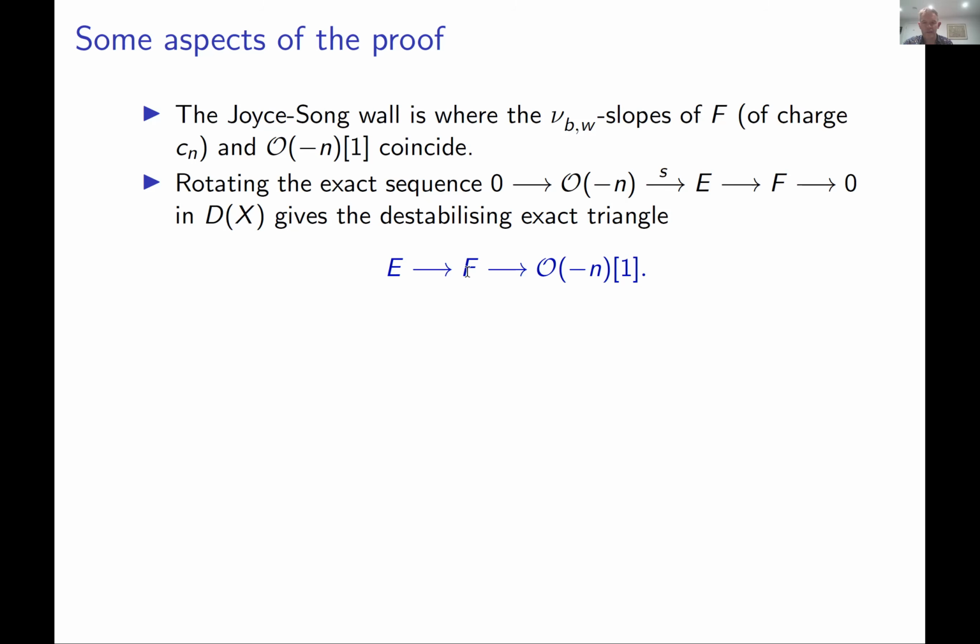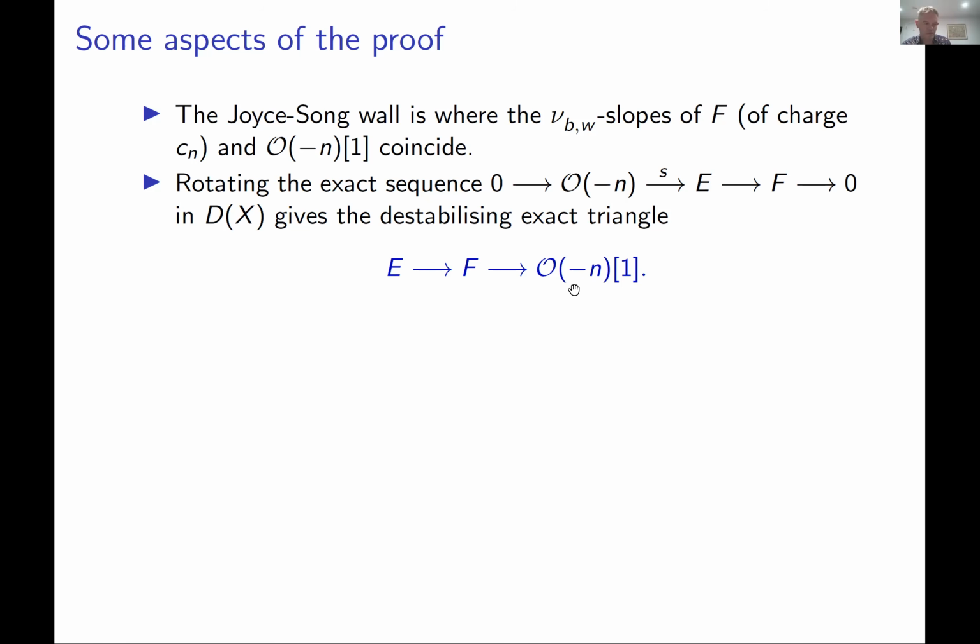So you can put F in the middle. You can have E on the left as if it was a sub-object, even though it's got higher rank. And you can put a shift of O(-1) on the right. So that means the complex where O(-1) is no longer in degree 0, so it's no longer a sheaf, but it's in degree 1, minus 1. So it's been moved to the left. So it's sort of a minus D6 brane.